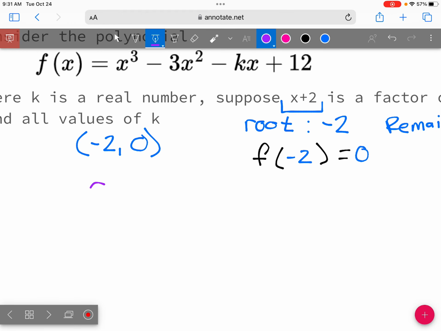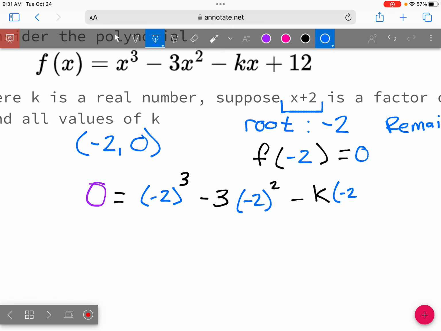So we're going to substitute in 0 for f of x, and -2 in place of x, so -2 cubed, minus 3 times -2 squared, minus k times -2 plus 12. Does everyone see where all those pieces came from? There's a whole lot of stuff that went on in those first 2 lines.